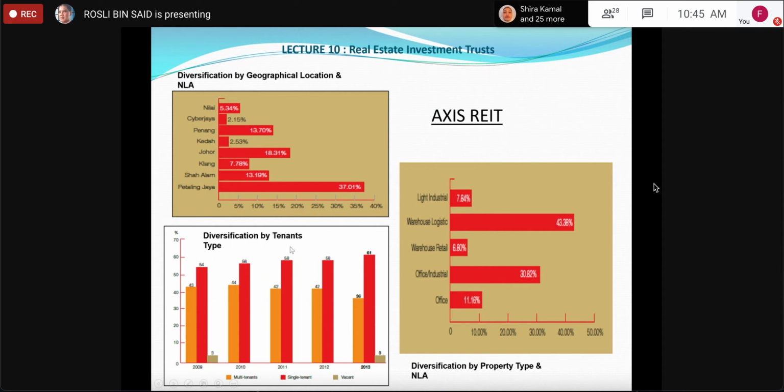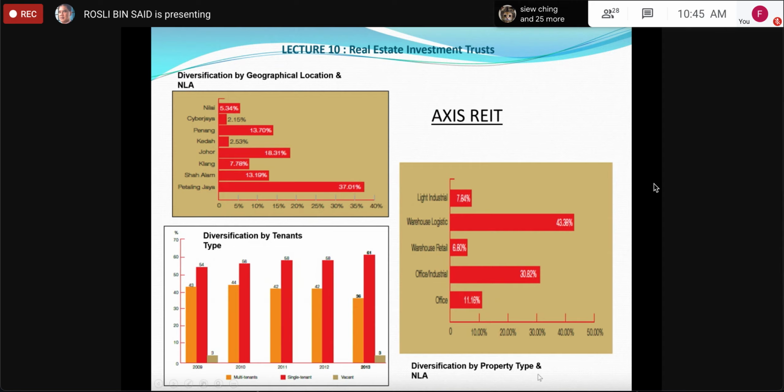And in diversification by tenants, we can see multi-tenants, single tenants, and this one still vacant. So the majority of the Axis REIT comes from single tenants.